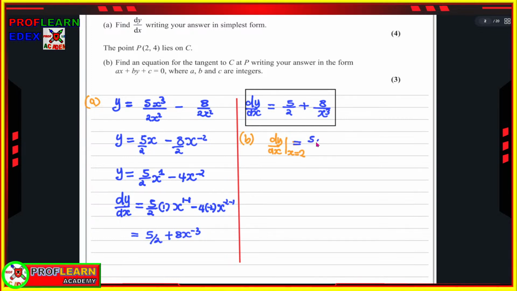That will be 5 over 2 plus 8 over 2 cubed, which becomes 5 over 2 plus 1, because 8 over 8 is 1. The answer becomes 7 over 2 as the gradient of the tangent.